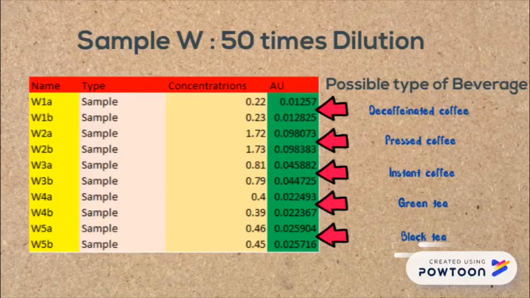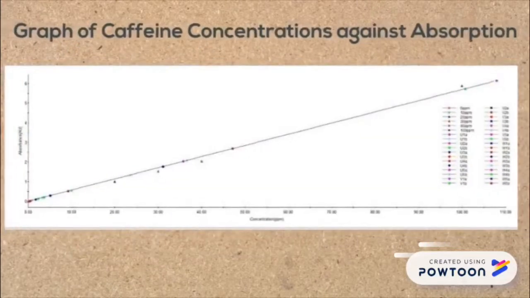The absorption values were getting close to zero but still fell under Beer-Lambert's law, hence linearity was well maintained. This graph shows the behavior of different caffeine concentrations against absorption values, so it's obvious that absorption is directly proportional to concentration.